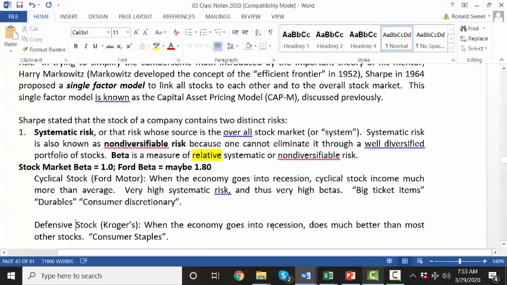But when the economy goes into recession, these firms tend to do much better than other firms. And so we say they have low systematic risk. Kroger's might have a beta of, let's say, maybe only 0.6. Their systematic risk is 40% lower than the typical stock, and only a third of that of Ford.